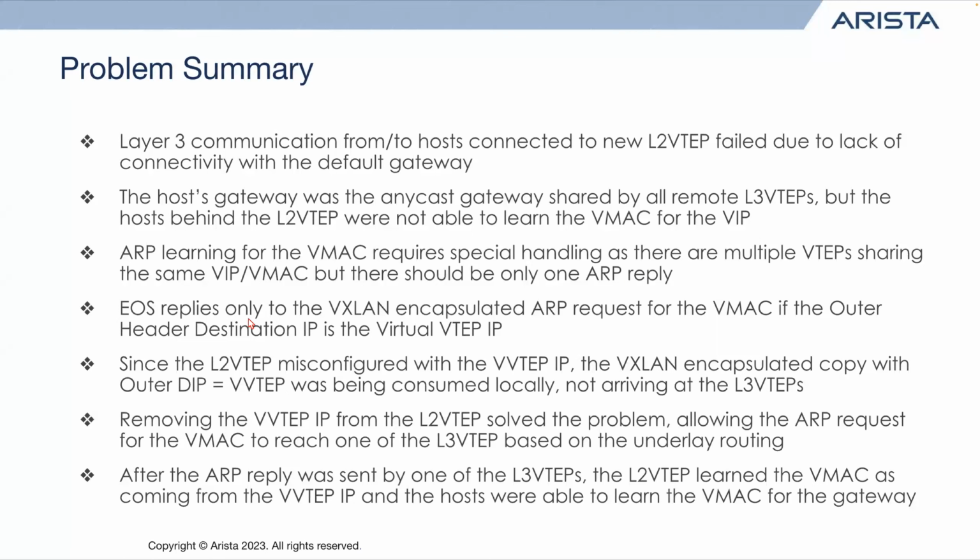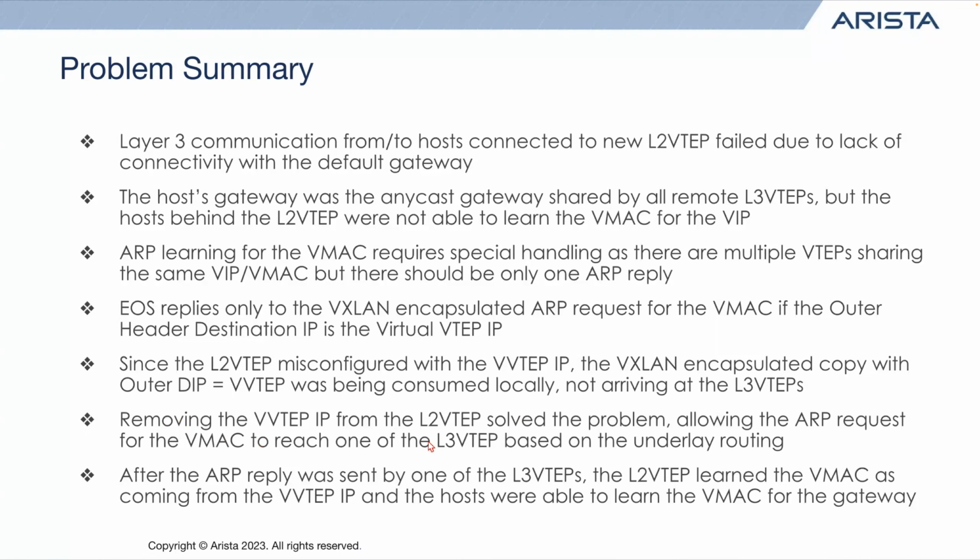This is done essentially by EOS replying only to the VxLAN encapsulated ARP request for the virtual MAC if the outer header destination IP is the virtual VTEP IP. Since the layer 2 VTEP was misconfigured at the beginning and had the virtual VTEP IP, this copy was never sent towards the remote VTEP, and of course there was no reply.